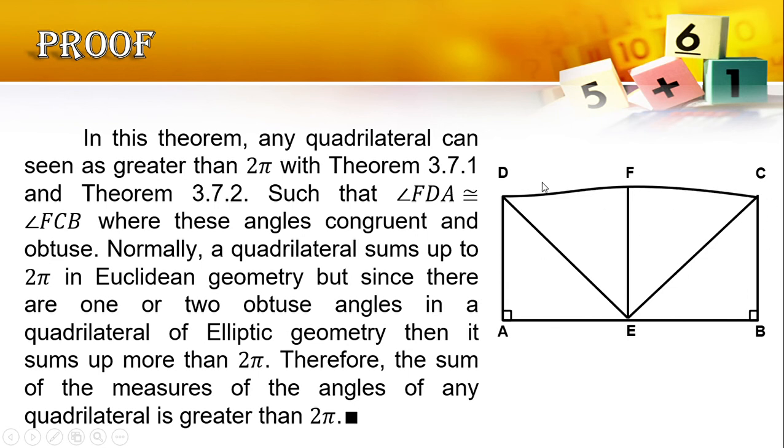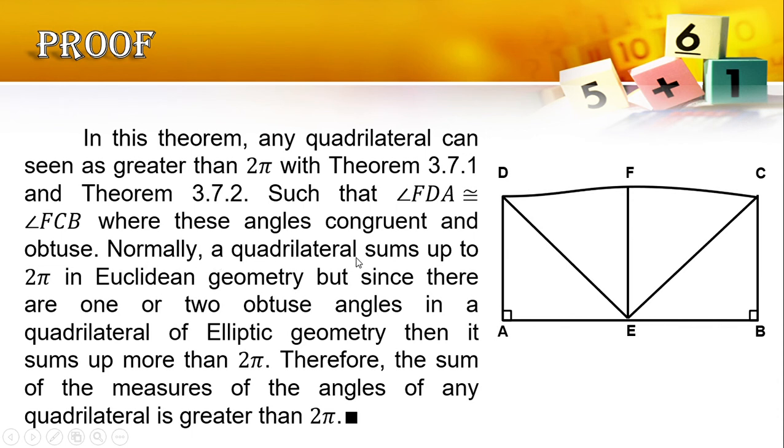Since theorems 3.7.1 and 3.7.2 prove that they are congruent and obtuse, FDA and FCB are congruent and also obtuse.